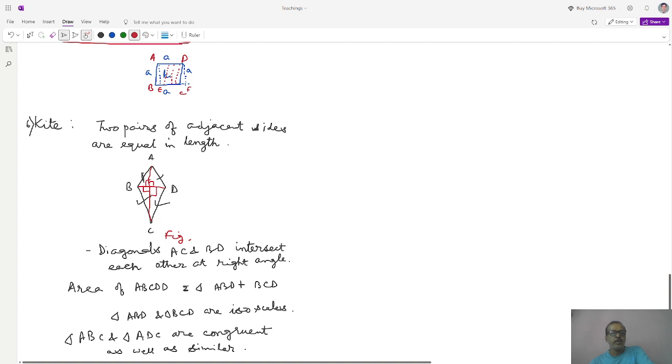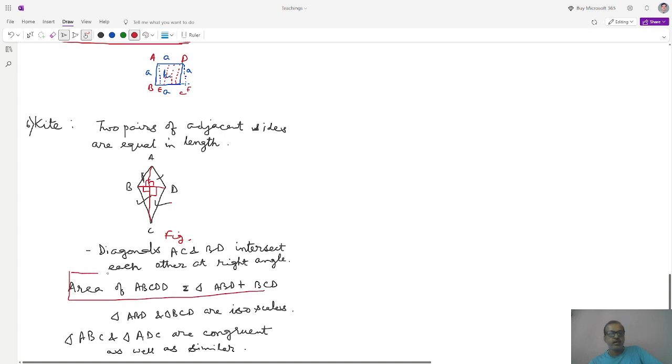Okay. The area of a kite equals the area of two triangles formed by drawing any of the diagonals. A diagonal divides a kite into two parts, that is, two triangles. If we add the area of these two triangles, we get the area of the kite.